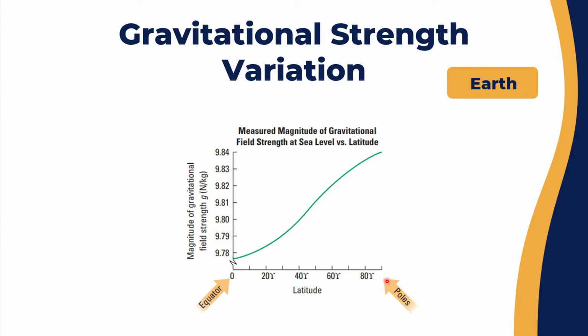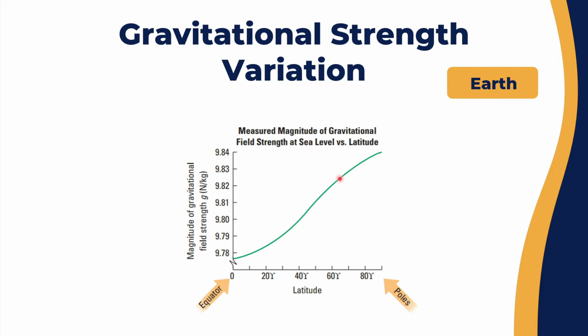On the poles, the Earth is more flat. At the equator, the Earth bulges outward, shaping an oval cross-sectional shape. So you can see here, as you're moving from the equator to the pole, the gravity is becoming higher.